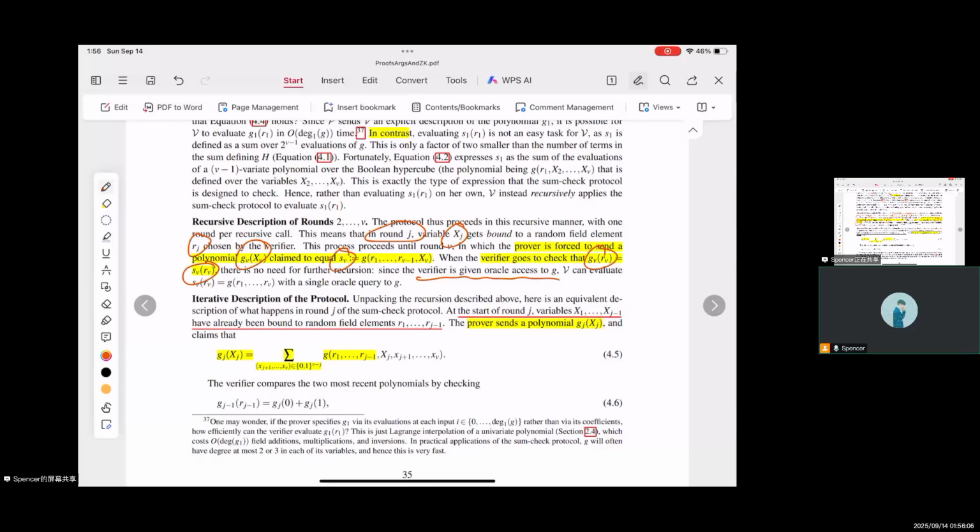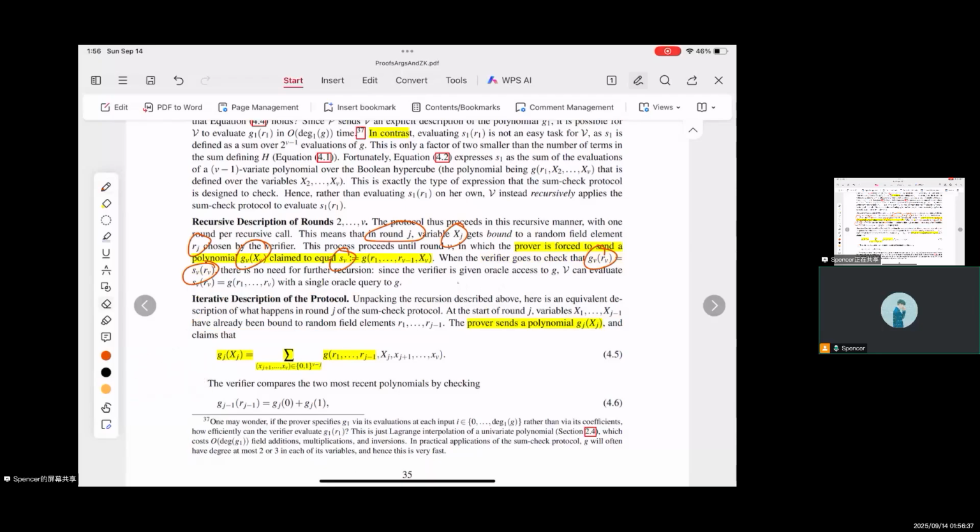Yes, the verifier can evaluate Sv(rv), which should be equal to g(r1 to rv). So there is no need for further recursion because we can evaluate this through querying g. So this is the last step of this protocol.